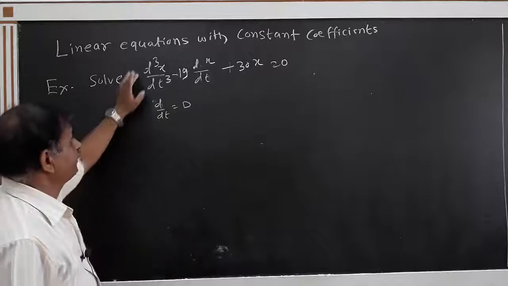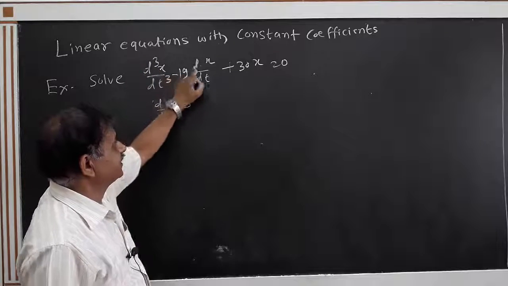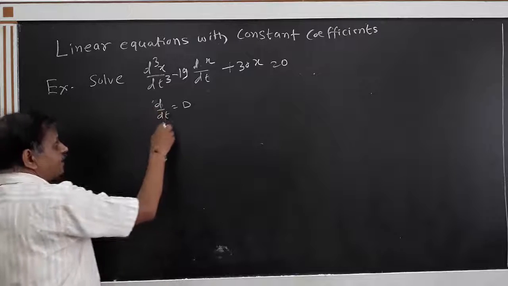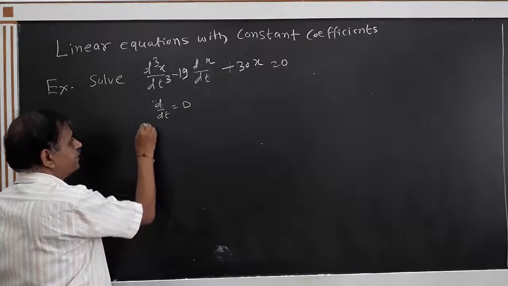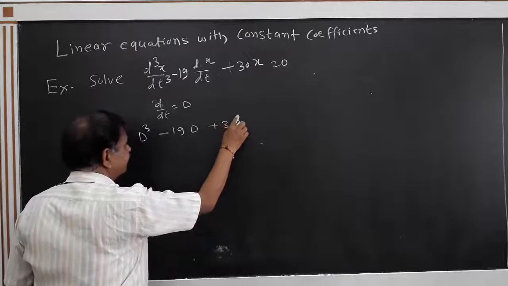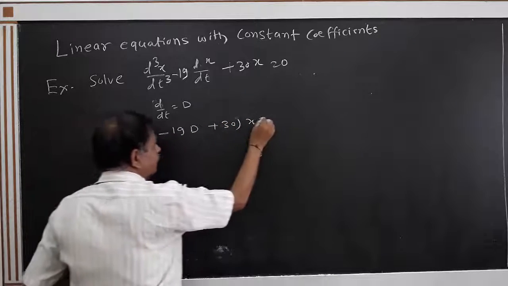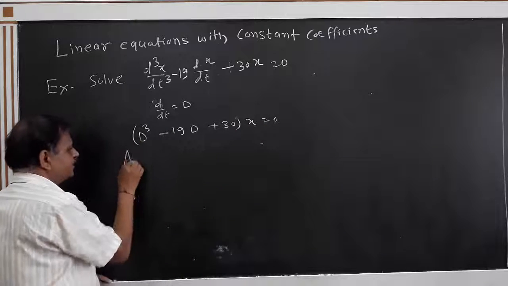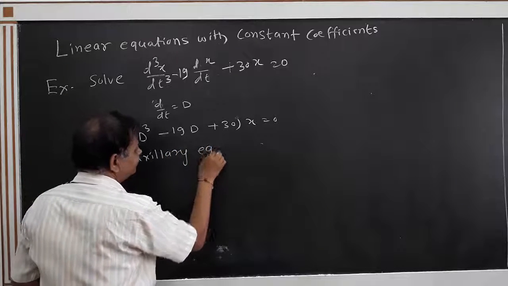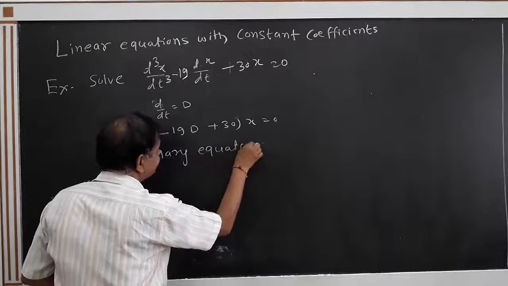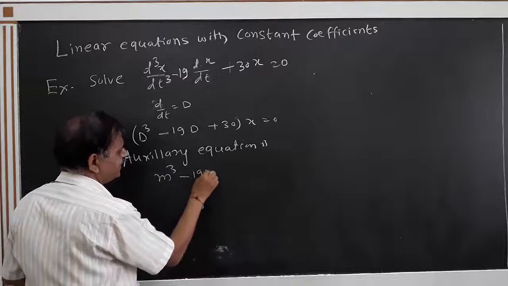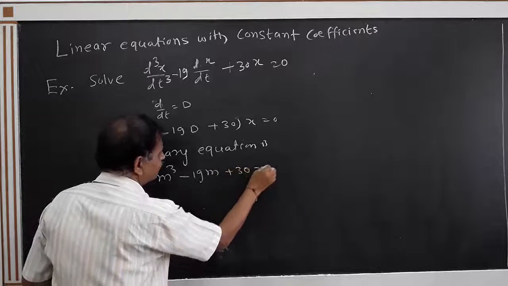We have to solve the problem d cube x by dt cube minus 19 dx by dt plus 30x equal to 0. We shall put d by dt equal to capital D. Therefore, the problem becomes D cube minus 19D plus 30 x equal to 0. Its auxiliary equation is m cube minus 19m plus 30 equal to 0.